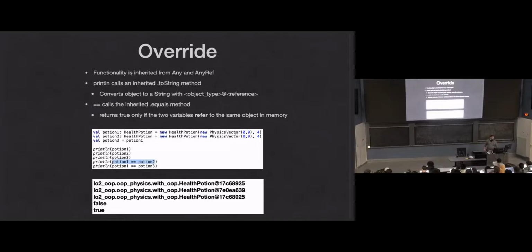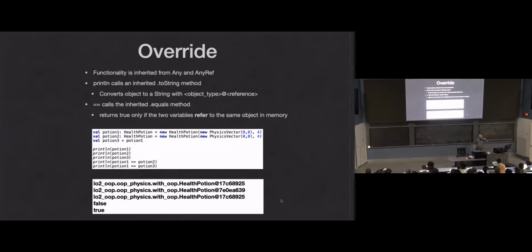Even though they have all of the same state, all of their state variables have identical values, for all our purposes, these two health potions are identical, but they are different objects, different locations in memory. So false, not equal. Potion 1 and potion 3, these variables both store the same reference. They refer to the same object on the heap, so that'll return true.